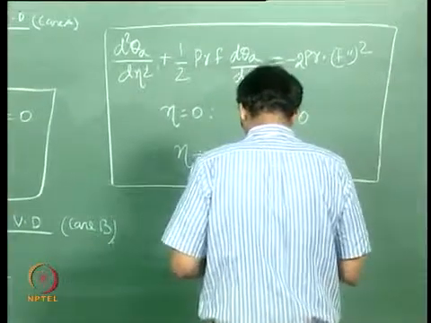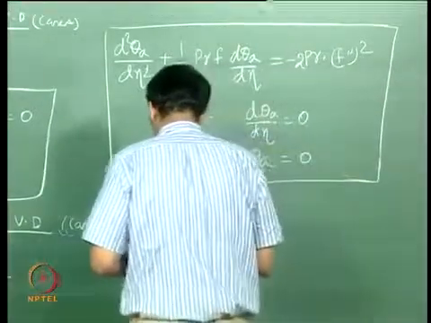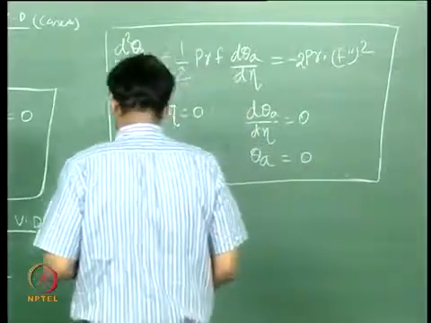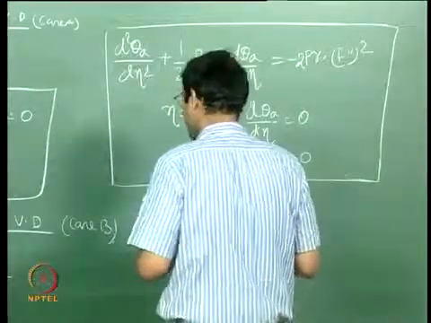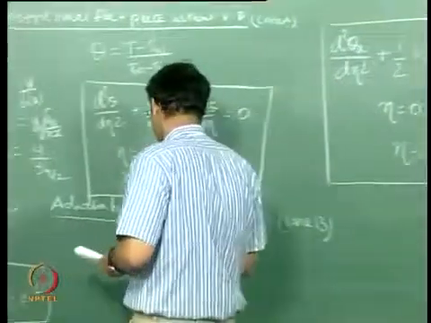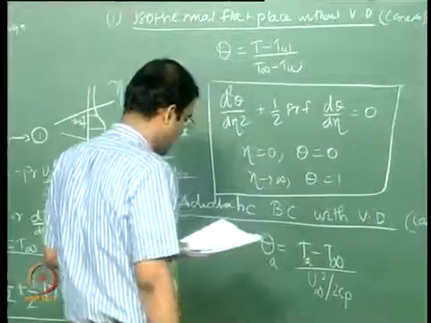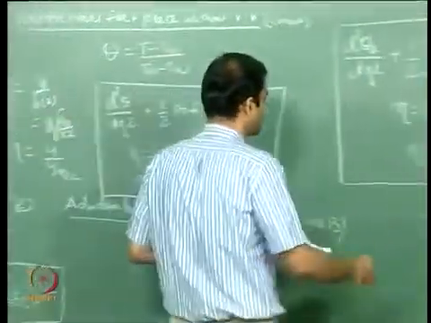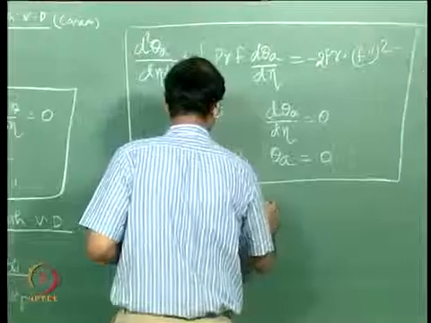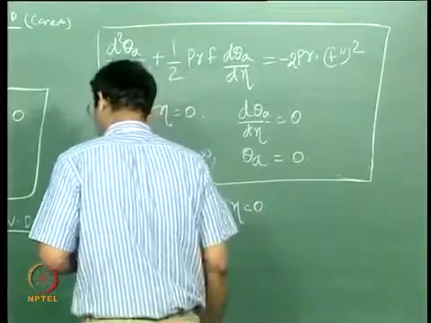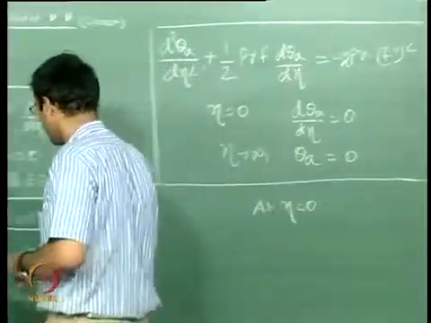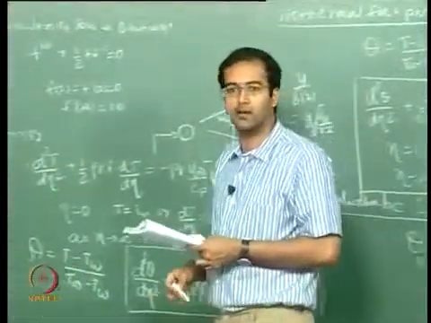So now I am going to give you a general solution, and before that let us try to understand what this definition of theta means at eta equal to 0. At eta equal to 0, I can calculate the value of T at the wall.